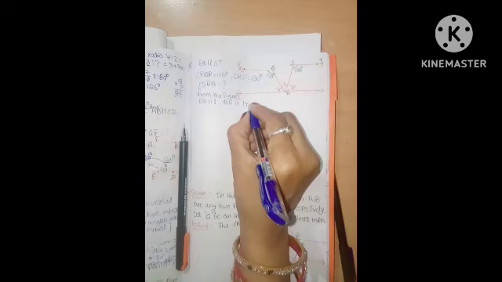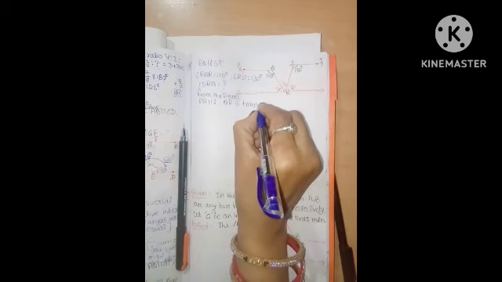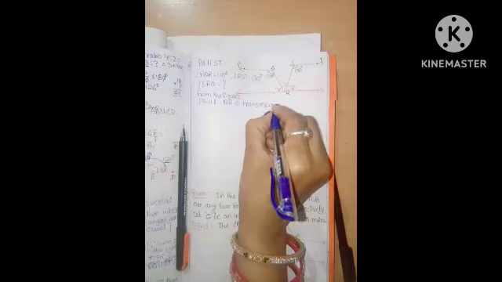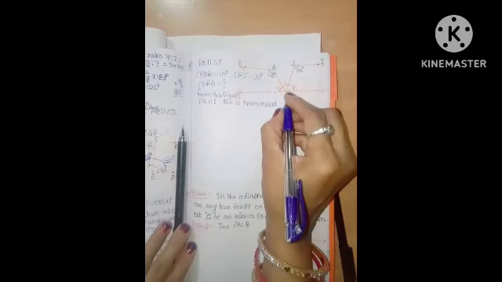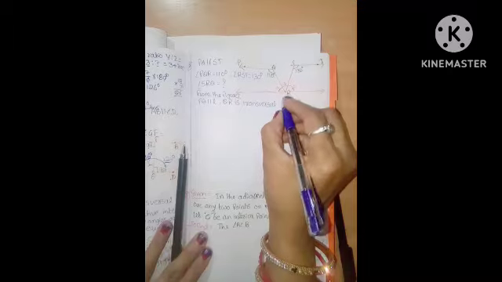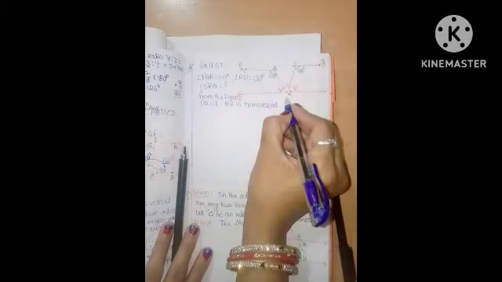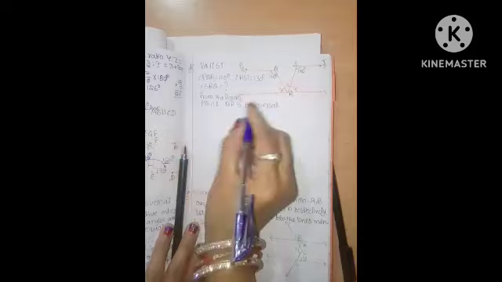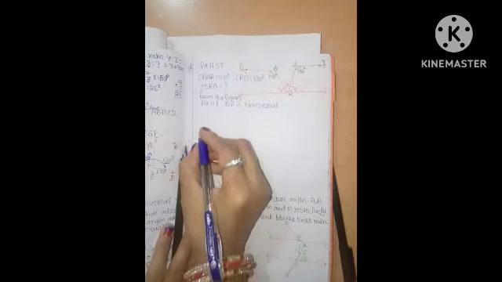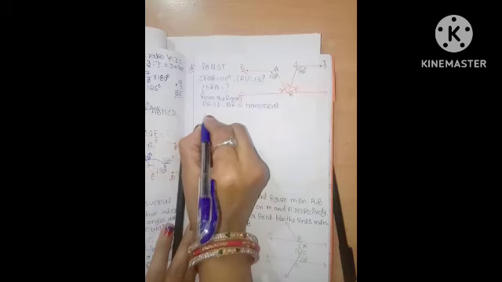Look at the notebook and look at the figure, Gagan sir. Carefully observe here, one by one. QR is the transversal. So these two are interior angles on the same side of the transversal, which are supplementary.